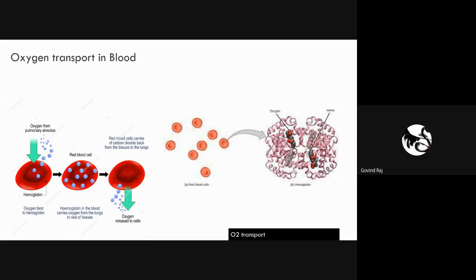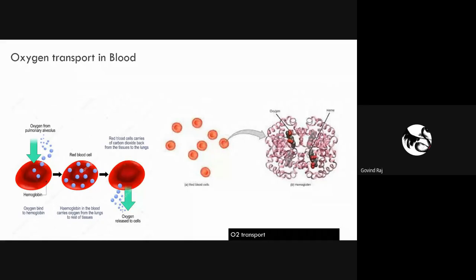One hemoglobin can accommodate about 4 oxygen molecules, and thus the oxygen is transported in the hemoglobin in RBCs.